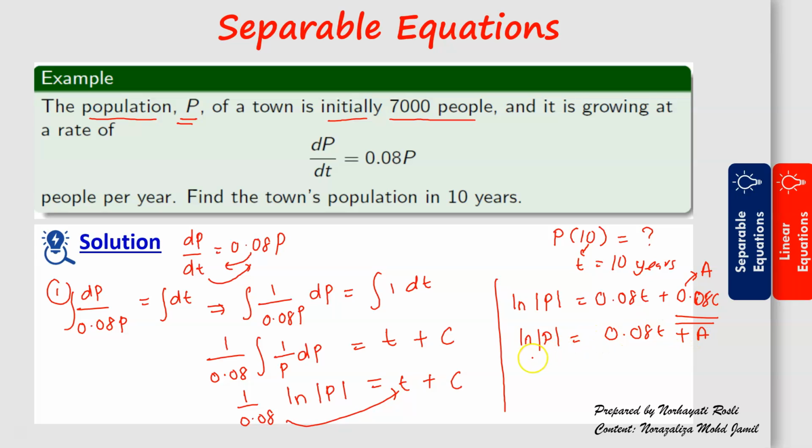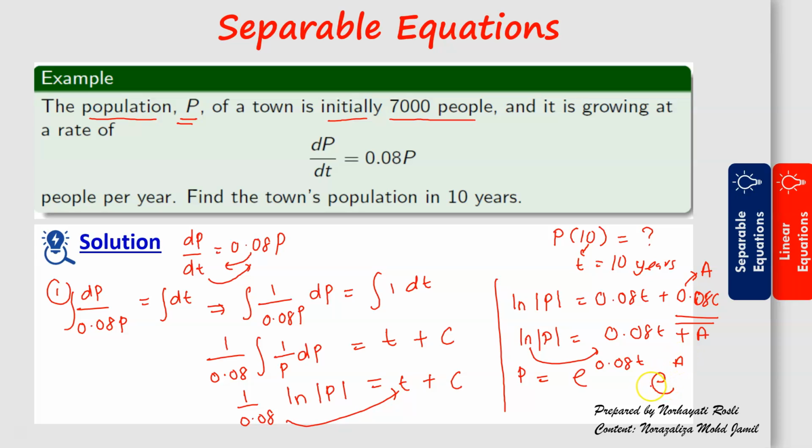And then class, remember, we need to write this side as just P. So we need to move this ln. So I have P equal to exponential of 0.08 t. When I move this ln to this side, this one actually becomes exponential of A, because the rule of exponentials turns the sum into multiplication here.